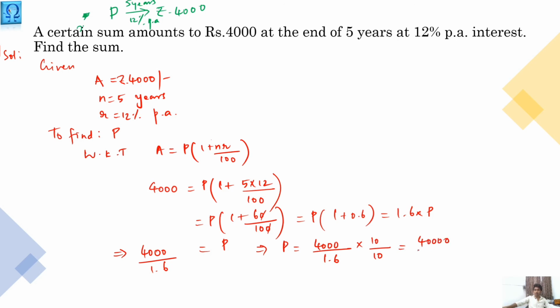So I have 40,000 in the numerator, here I have 16, and when I try to cancel it with the help of fourth table, I am going to get 10,000 upon 4. Now I can do again the fourth table, so it is going to give me 2500.